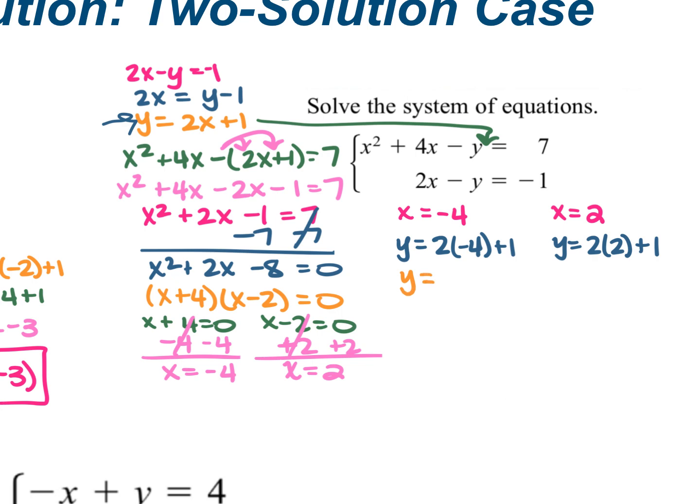For the y is equal to 2 times negative 4 plus 1, that 2 times negative 4 is negative 8. Negative 8 plus 1 is negative 7. So that would give us the ordered pair of negative 4, negative 7. For the y is equal to 2 times 2 plus 1, that simplifies to 4 plus 1, which is 5. So that is the ordered pair 2, 5.